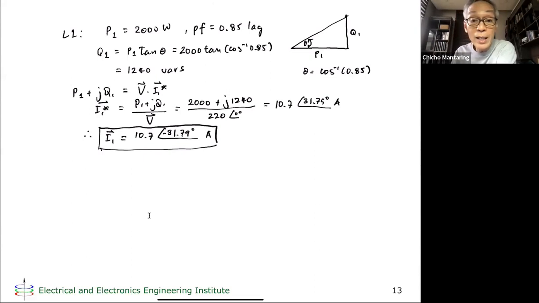Any question how I got that? I just used the complex power formula. Could I have solved for I1 in a different way?